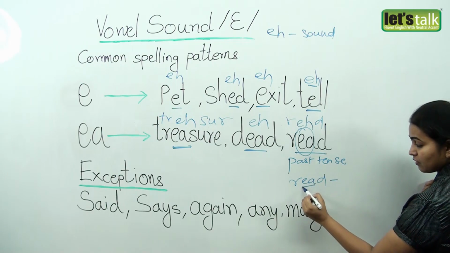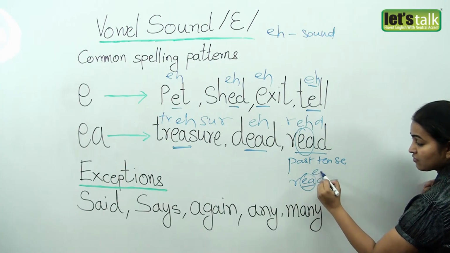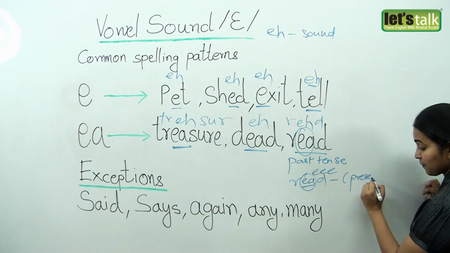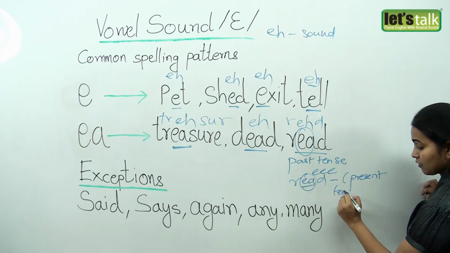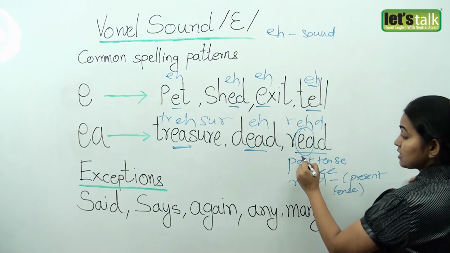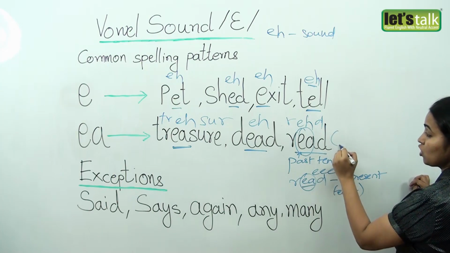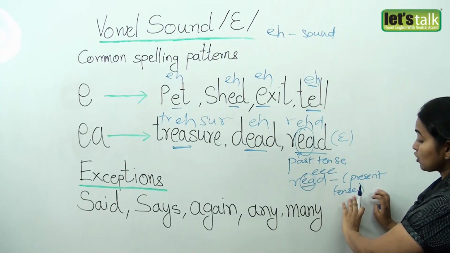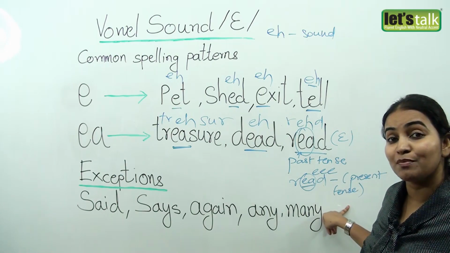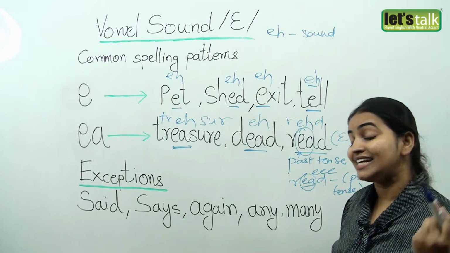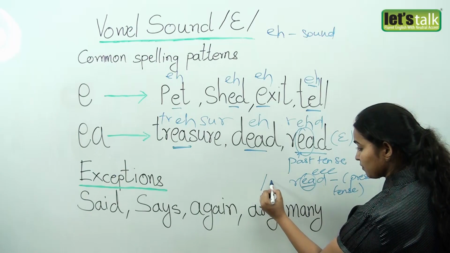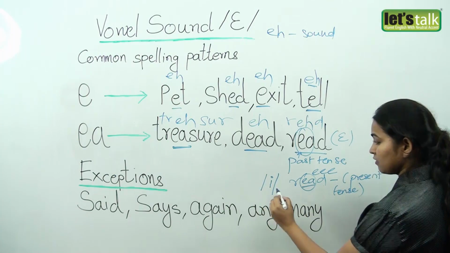So the EA gives me a long E sound in my present tense. This is my past tense, which gives me the short E sound, and the long E is always there in my present tense, which makes it pronounced as read. And the long E symbolizes this.